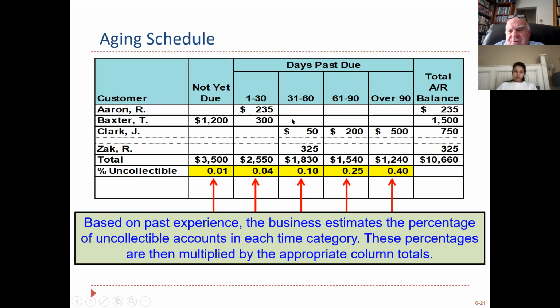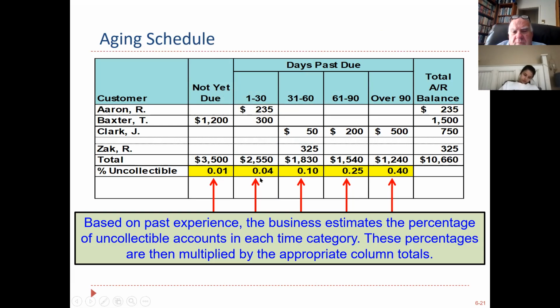As the debt gets older, it is less likely to be collected. That's a self-fulfilling prophecy, right? As the debt gets older, you're less likely to collect it. So based on past experience, we assign a percentage to each of these columns. So the not yet due, 3,500, we're going to multiply that by 0.01.